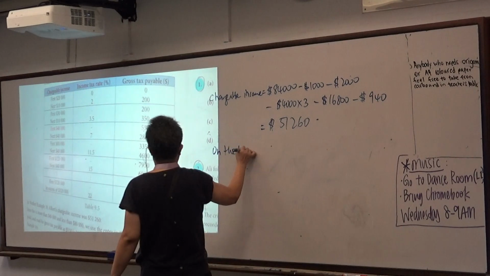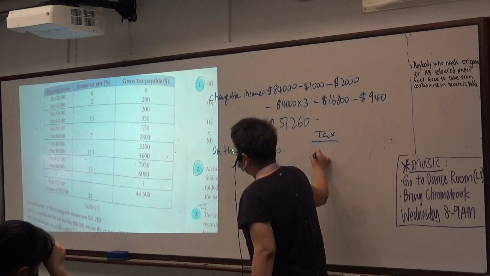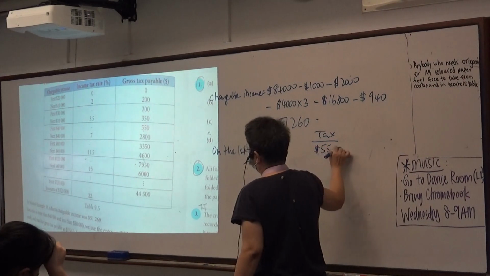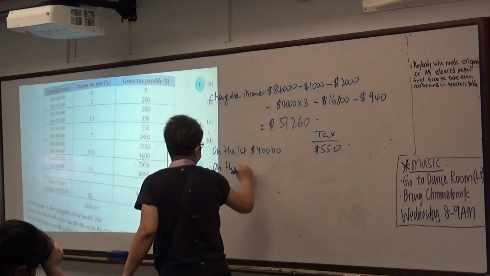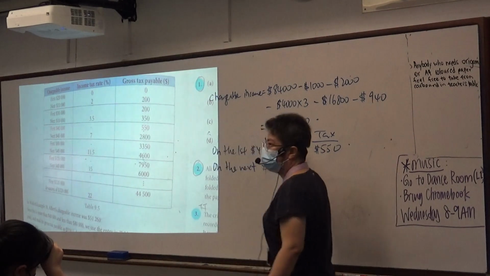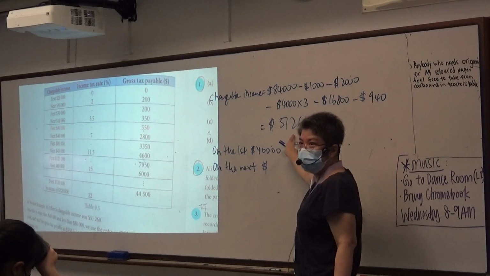on the first 40,000, the tax will be 550, right? Then can I ask on the next what? This one minus 40,000, right?